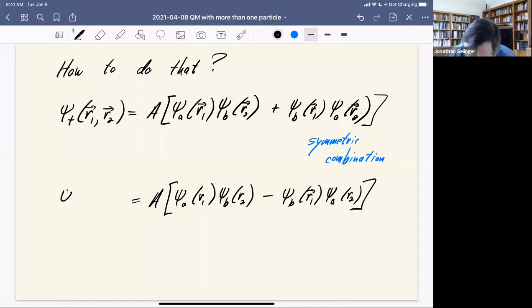That would make a different way of combining the two. We'll call that psi minus. So this is what people would call an anti-symmetric combination.